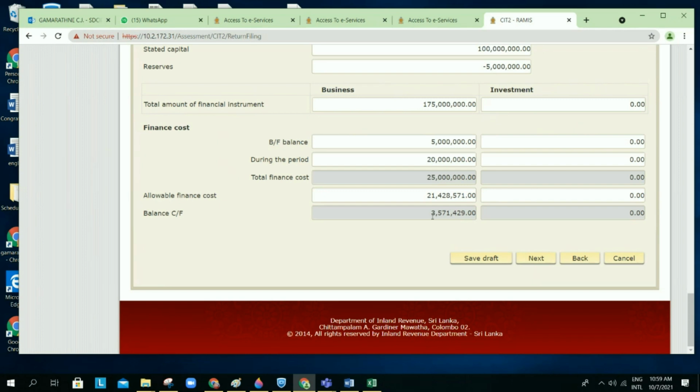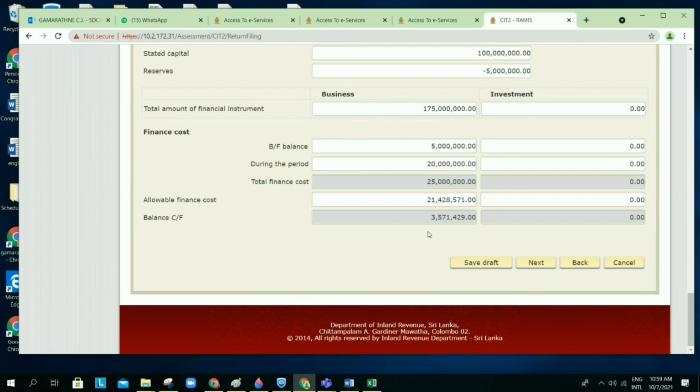In addition to that, the total amount of financial instrument they identified is 175 million. By comparing this, actually this reserve value should be minus 50 million. Once deducting 50 million, the remaining value is 50 million; 50 into 3 is 150, right? If 150 is compared with the total amount of financial instrument, the excess value is 25 million.